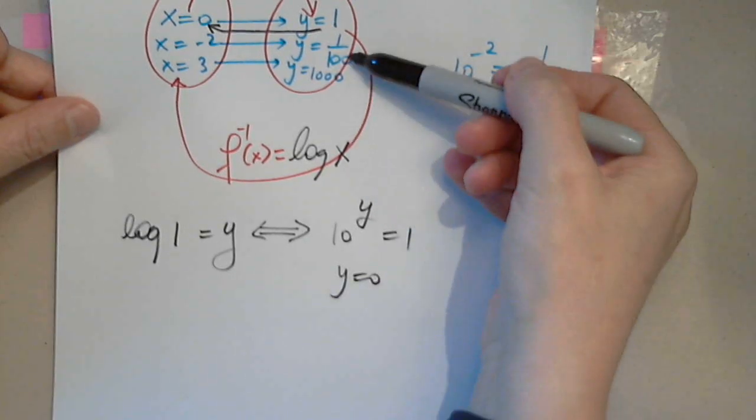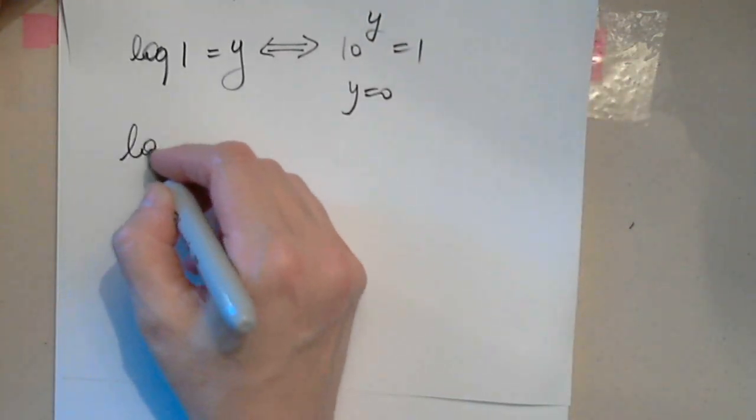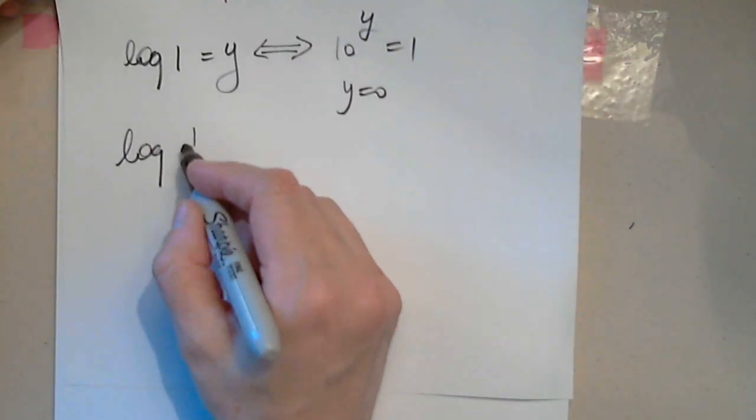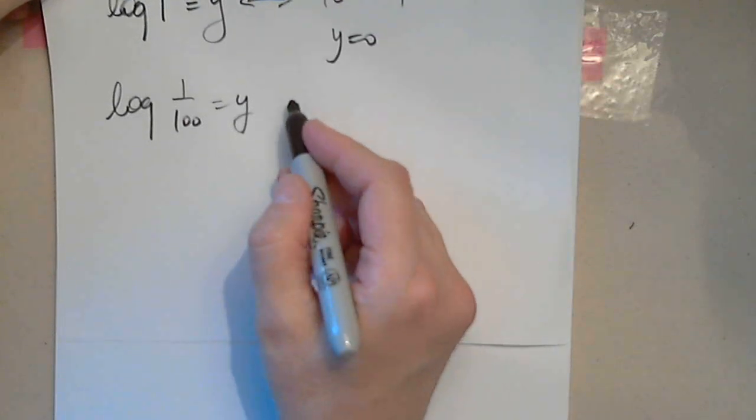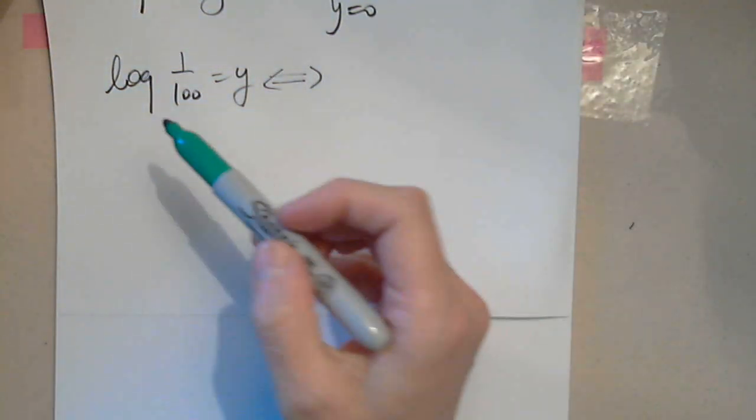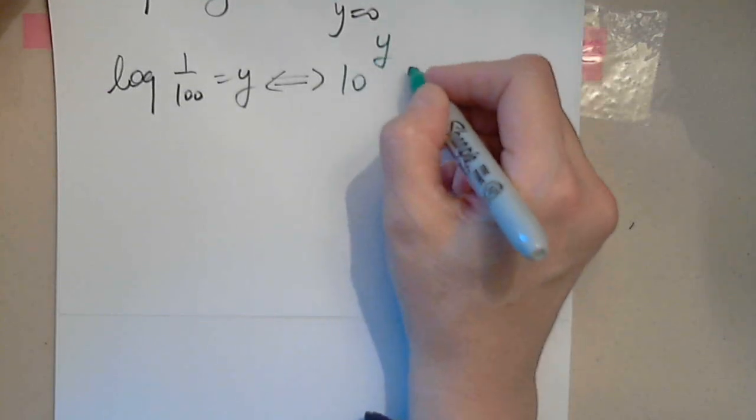Now I have to apply log to this number. Log of 1 over 100 equals y. I have no clue what this is, but I know. Can anyone tell us how to convert this from a log equation to an exponential equation? 10 to the y equals 1 over 100.